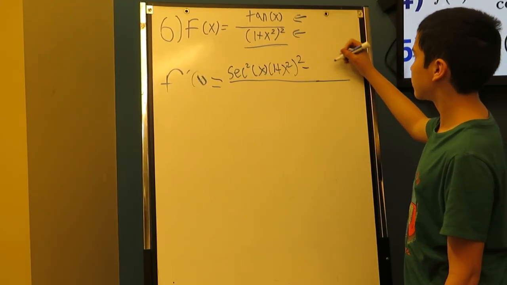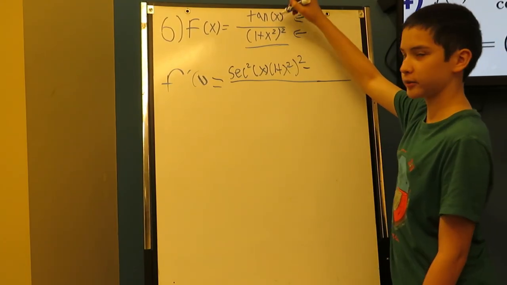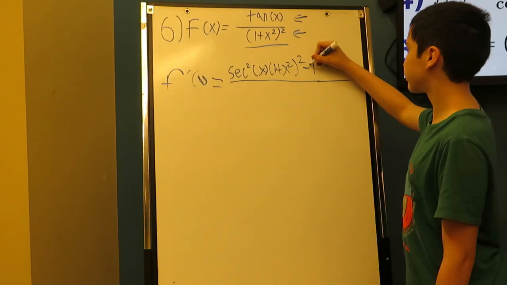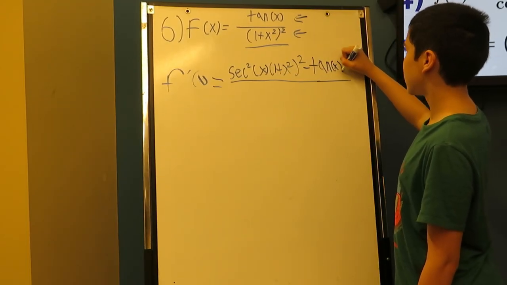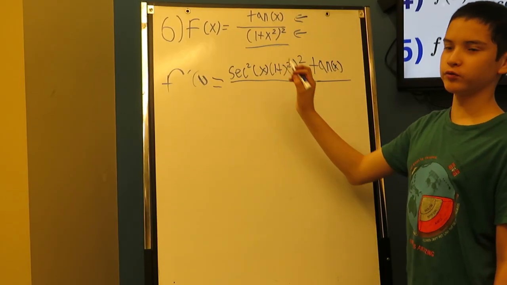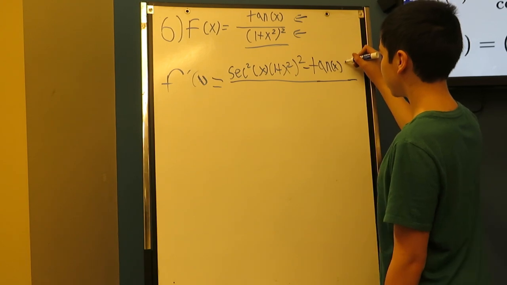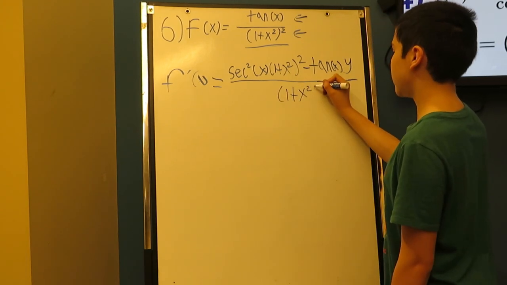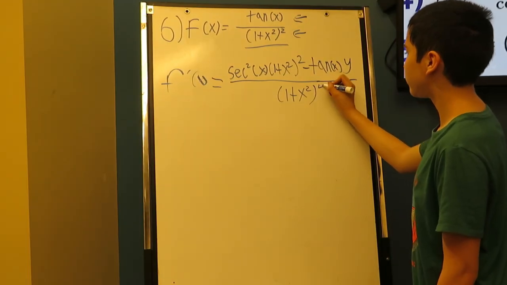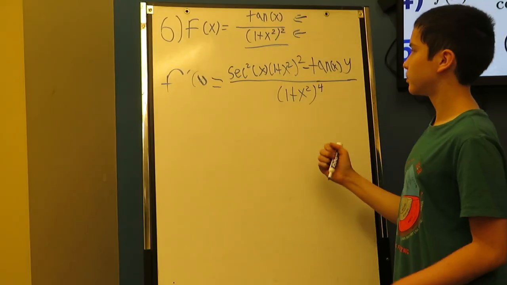Now, we want to take the derivative of this term times this term. But we still need to do the chain rule on this one to find the term. I'm going to label this term as y for now. And then, of course, we divide by the square of the bottom term. So now let's use the chain rule on this term.